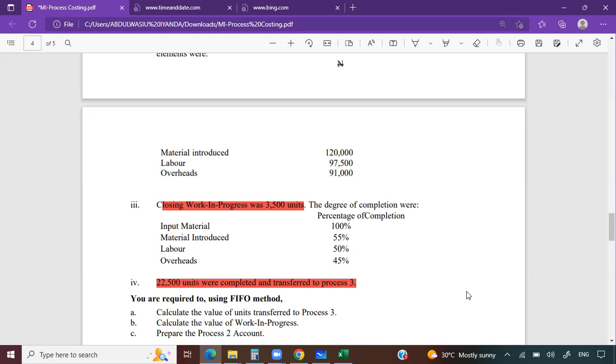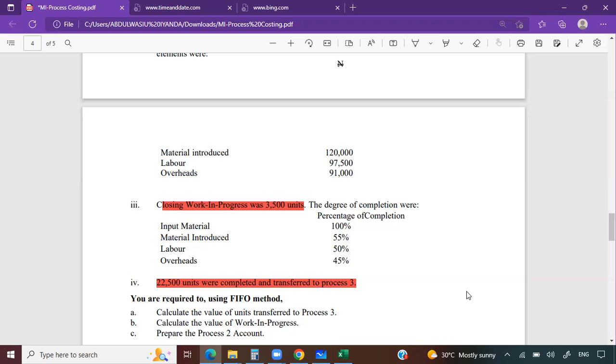In this particular subject, either you'll be given the units and asked to look for the value, or you'll be given the value and asked to look for the units. Here, additional information 4 says we transferred 22,500 units. What is now the value of this 22,500? That is what we need to do. I hope everybody gets this.